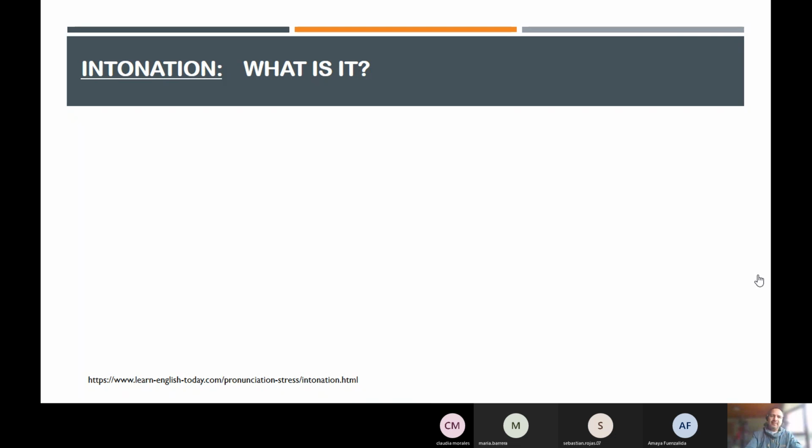So an utterance is going to be one word, one phrase, or one sentence. So how we say any utterance, what kind of musical line we give it, is what we are going to understand by intonation.